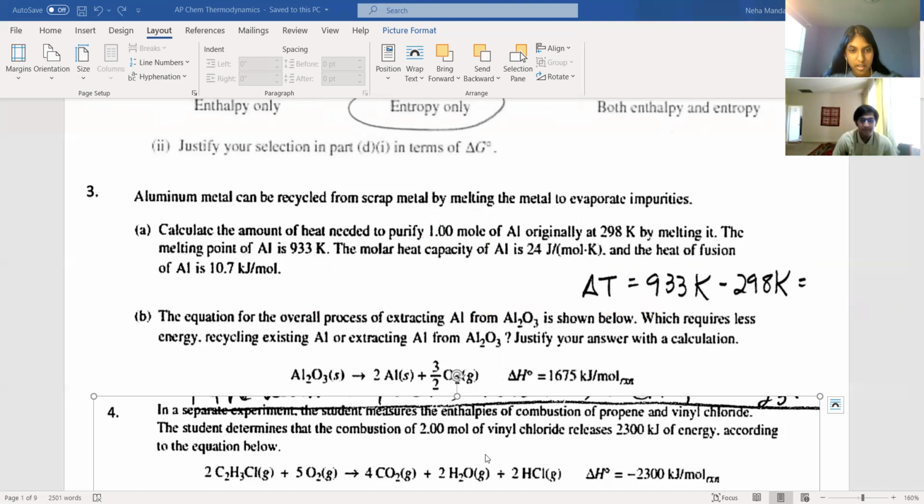Okay, so then the equation for the process, I'm going to read in my head. I'm going to write down the answer we had in the last one just so we can compare it to this one.